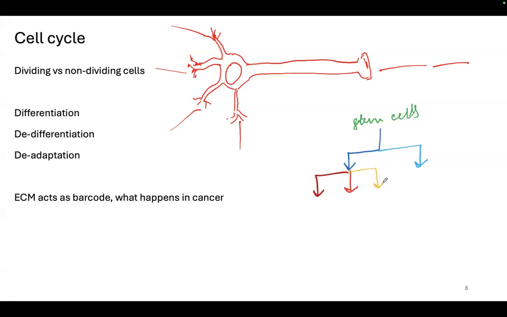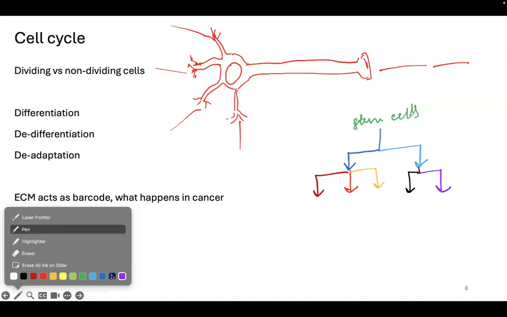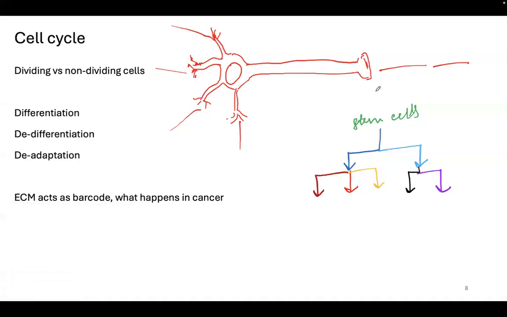Maybe there's a third type here, maybe one type here, and just one more type here, okay? Let's say this is how differentiation is happening. When you're going in this direction, this is differentiation. And when you're going in this direction, it's de-differentiation.